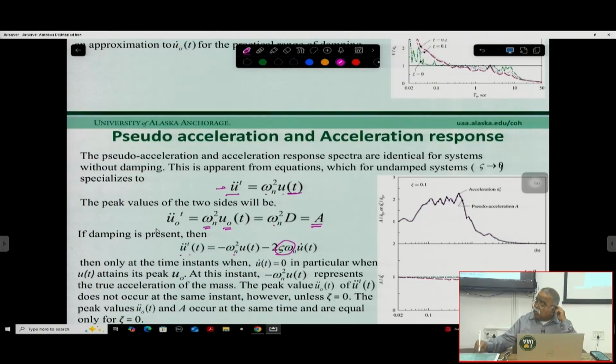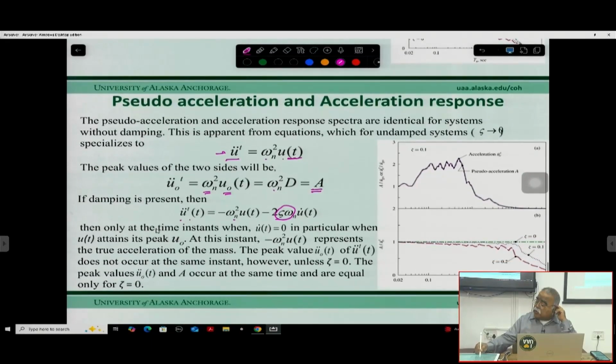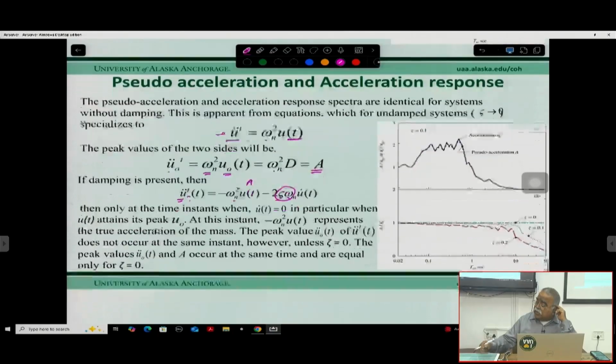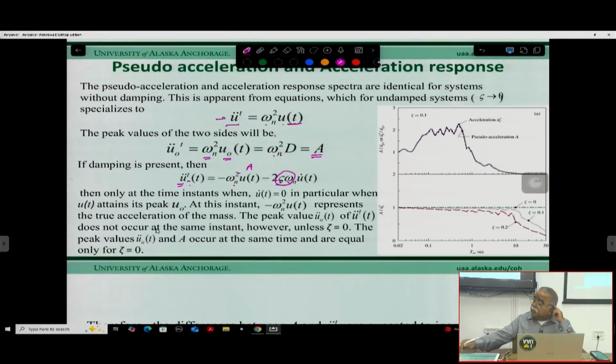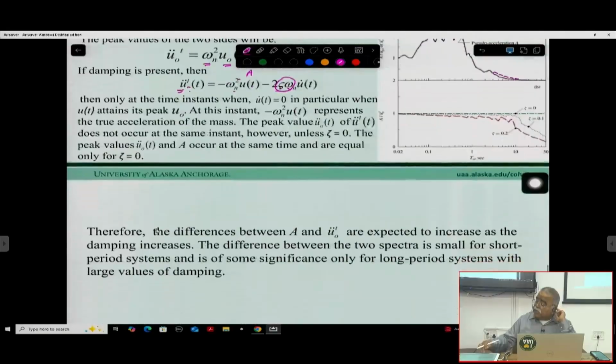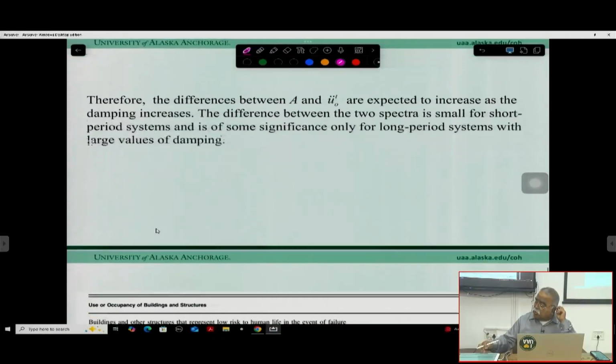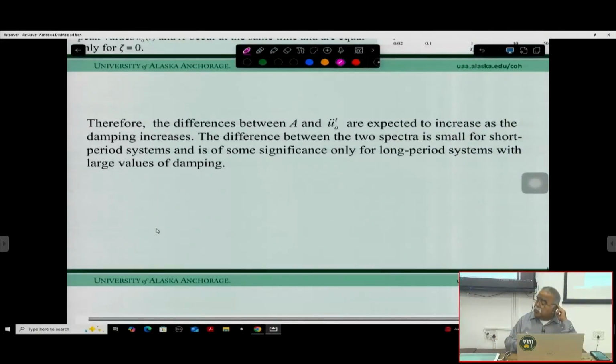This part will be the same as omega n square D, but if the damping is significant, then these two are different values, right? That will show at the high frequency side. There will be a little difference between the acceleration response spectrum and the pseudo response spectrum.